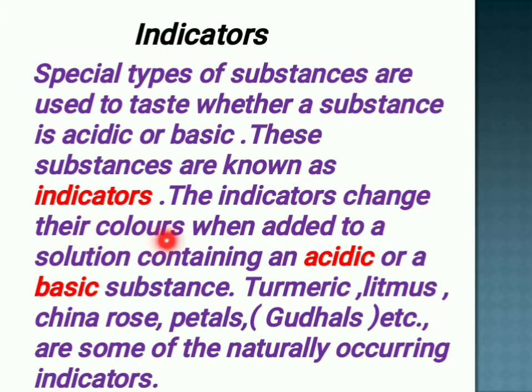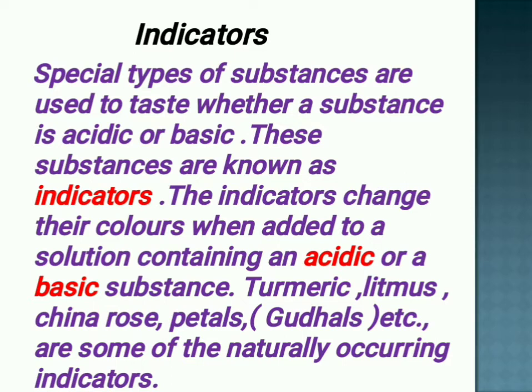Indicators change their color when added to a solution containing an acid or a basic substance. When an indicator is added to acid, it gives some color, and when an indicator is added to a base, it gives a different color. So you will come to know, for example, if it is green for acid, it will be red for base.